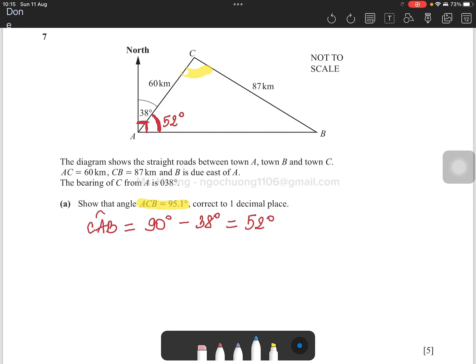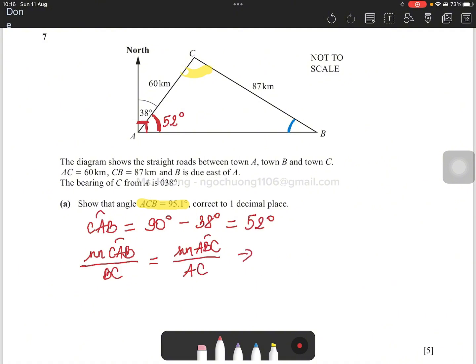We know the length of AC and CB, and we also know the value of the angle A. So we may use the sine rule to find the angle ABC first. The sine rule says sin A over BC is equal to sin ABC over the side AC.